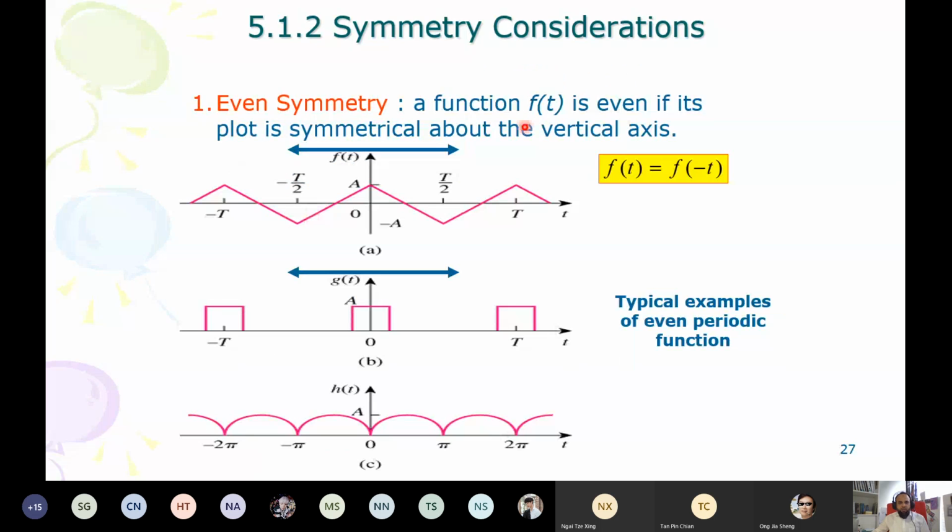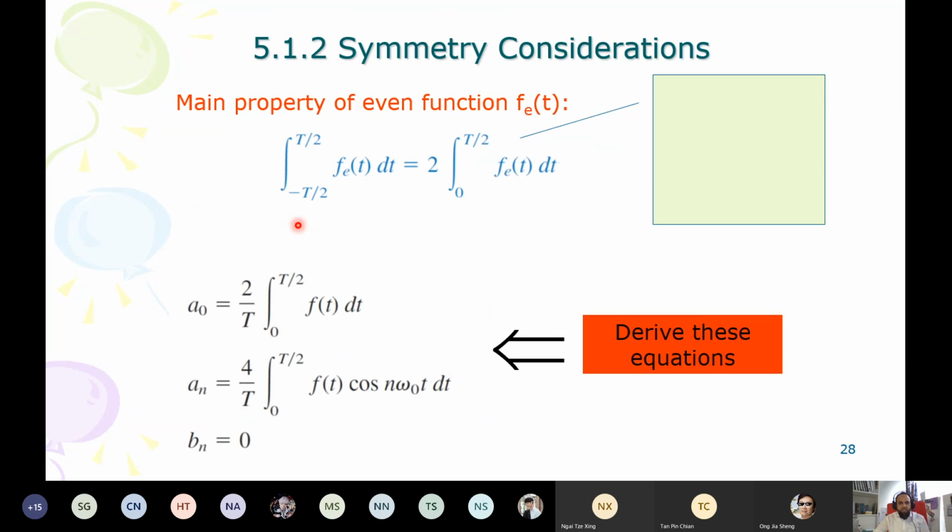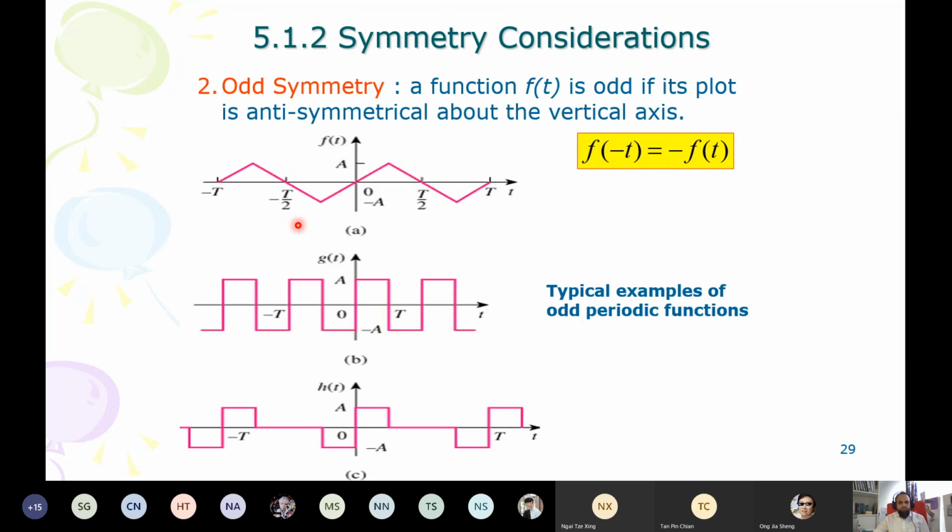In even symmetry, if at T by 2 the value was minus a, at minus T by 2 it is also minus a. But for odd, for example, maybe at T by 4 it's a, and at minus T by 4 it's minus a.